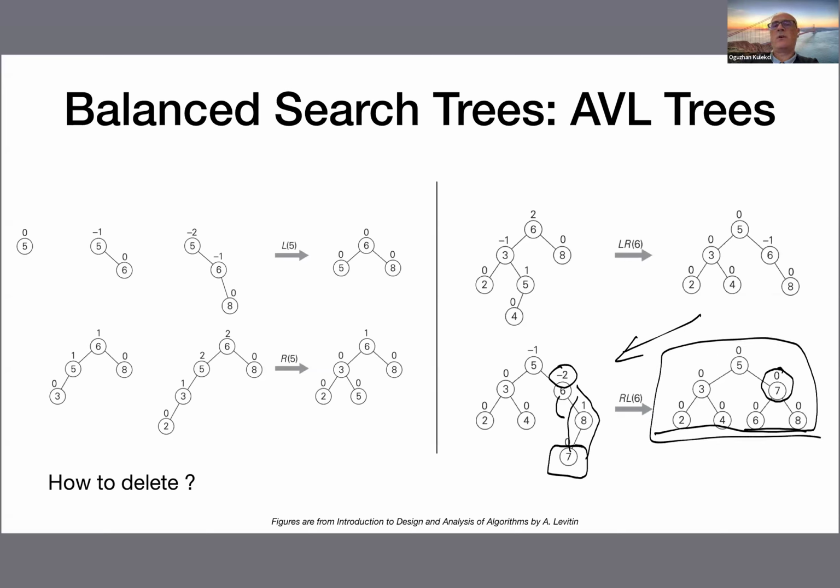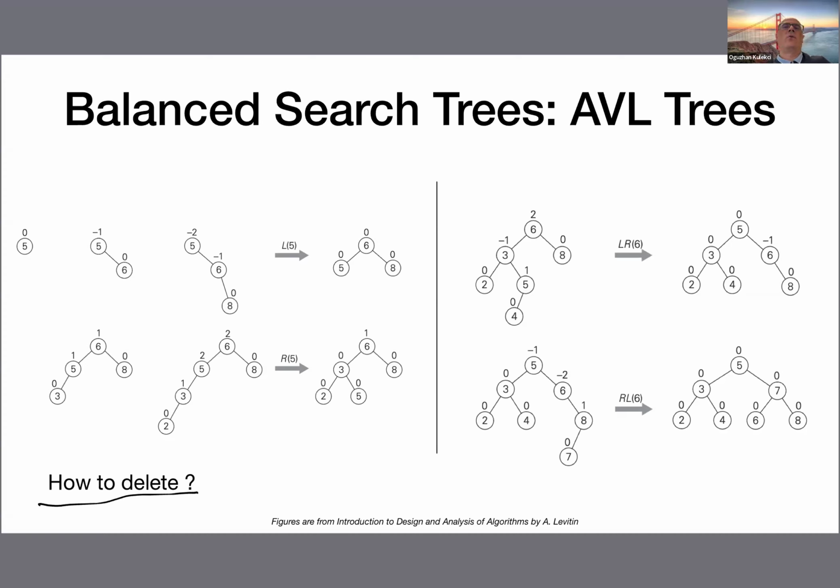But whenever you would like to delete something that has two children, then you need to find the in-order successor of this node first, swap this node with its in-order successor, and then delete the in-order successor, which will always be consistent with the previous two cases.